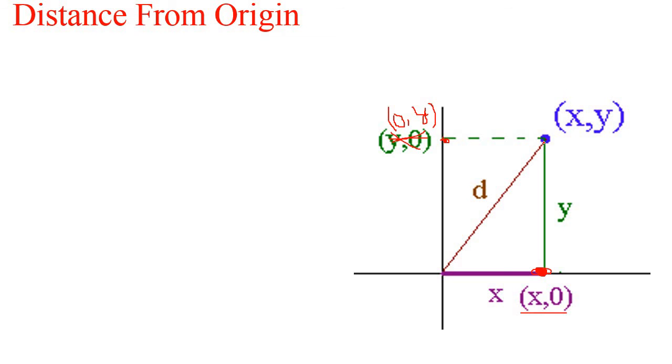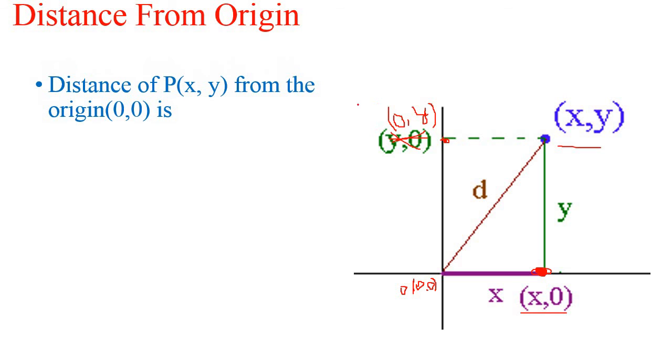Now here is one point, x comma y. This is the origin. The coordinates of the origin are 0 comma 0. Now we have to find the distance from the origin to the point x comma y.